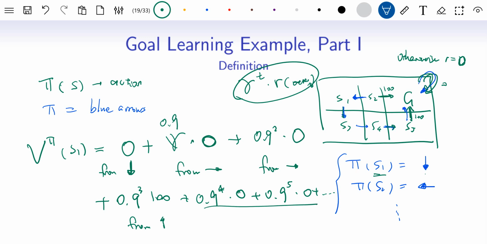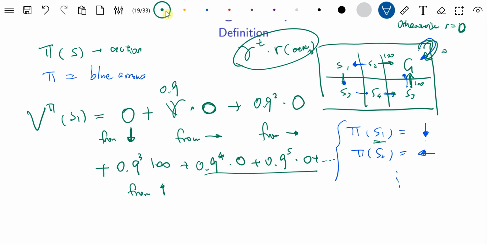So all of them are 0. The only number is 0.9 to the 3 times 100. So I think it's around 72. That would be the value function given this policy at state S1.